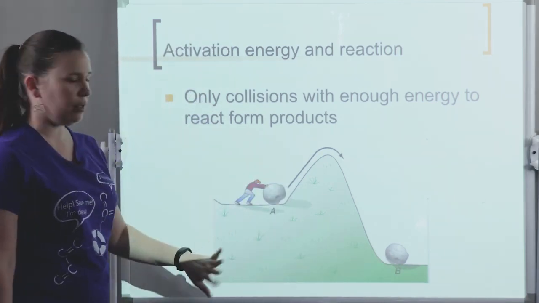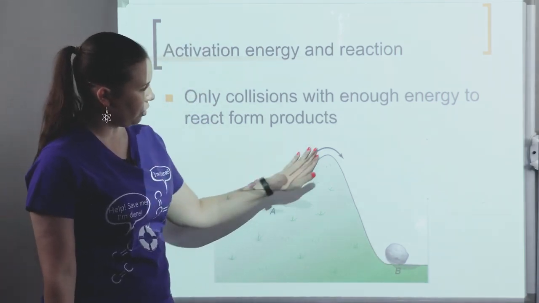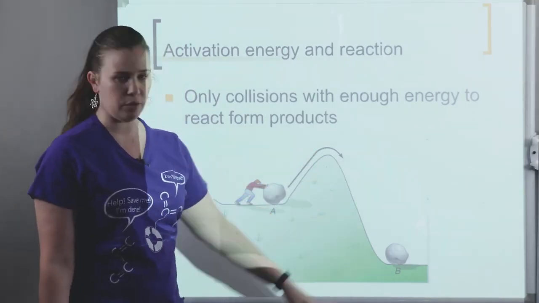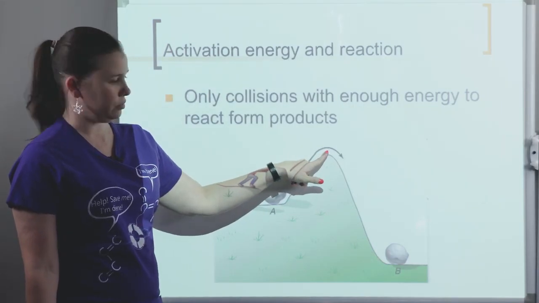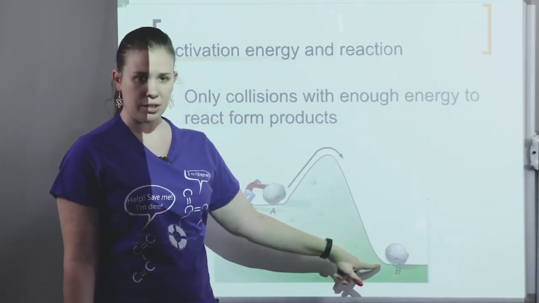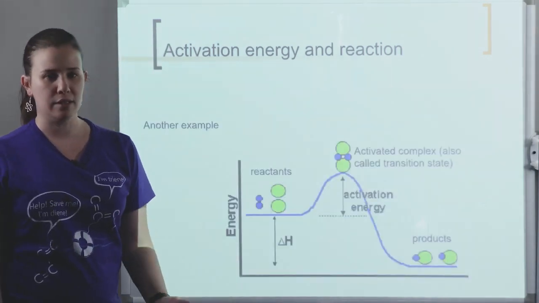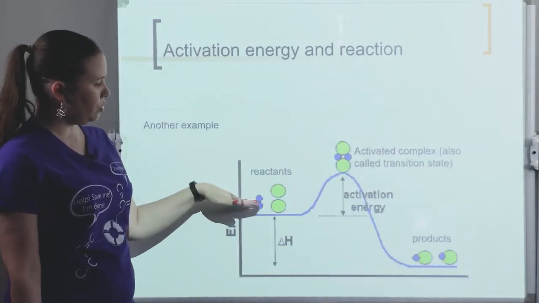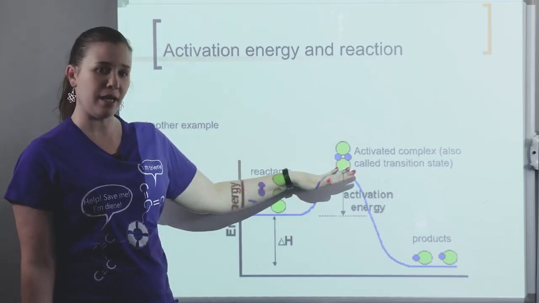So I'm going to use a non-graphical version of this first, where this poor little guy is just trying to push this rock up and over the hill. Well, it's going to require a lot of energy to move the rock up the hill. But he's not going to be pushing it down the hill. It will roll down the hill on its own. Chemicals react the same way. So my 2 separate reactants would need energy in order to combine together.